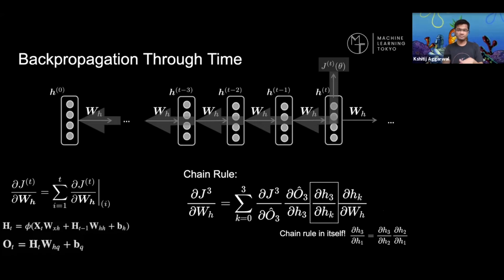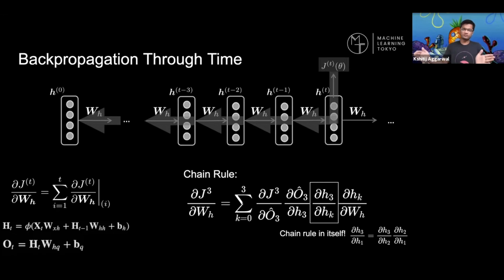And the final step in this is that the derivative of the hidden state at step 3 with respect to some other hidden state at other time steps is itself a chain rule. So del h3 over del h1 would itself be del h3 over del h2 times del h2 over del h1. So it's basically a chain rule.